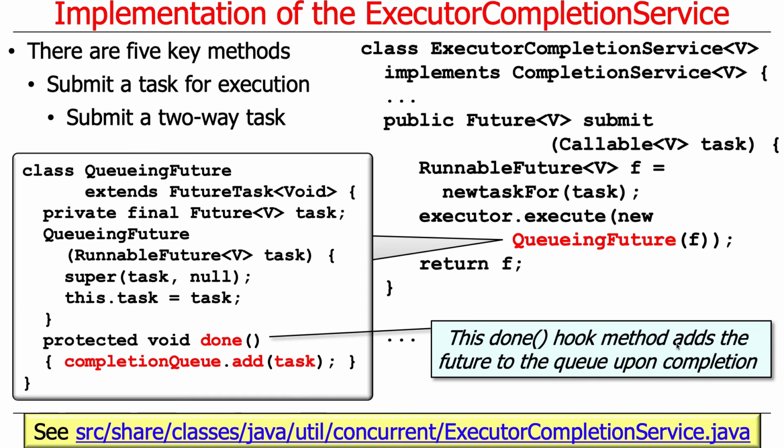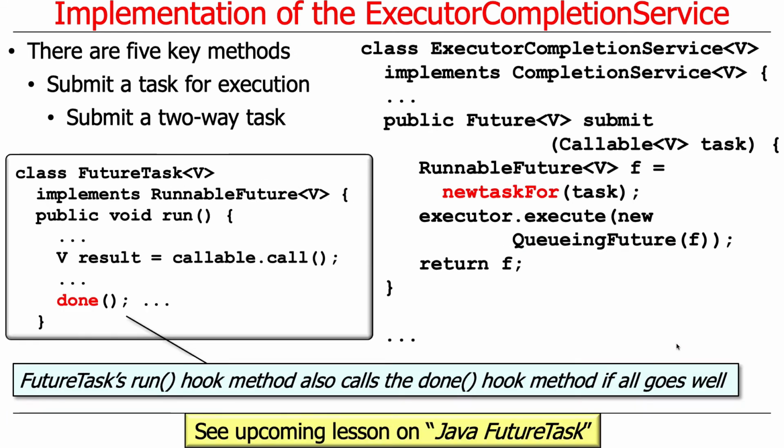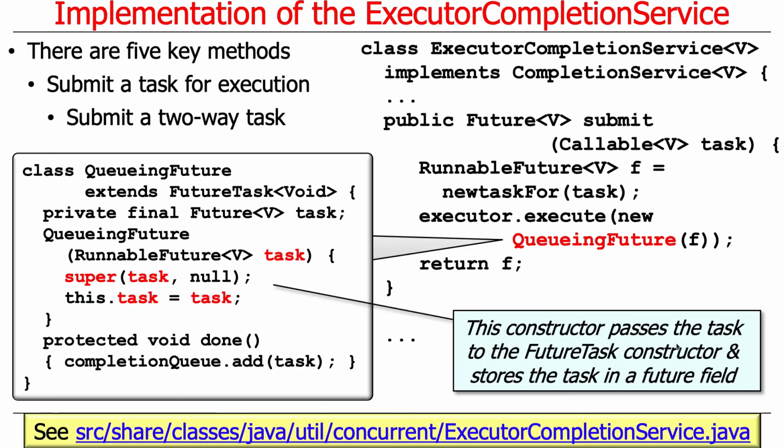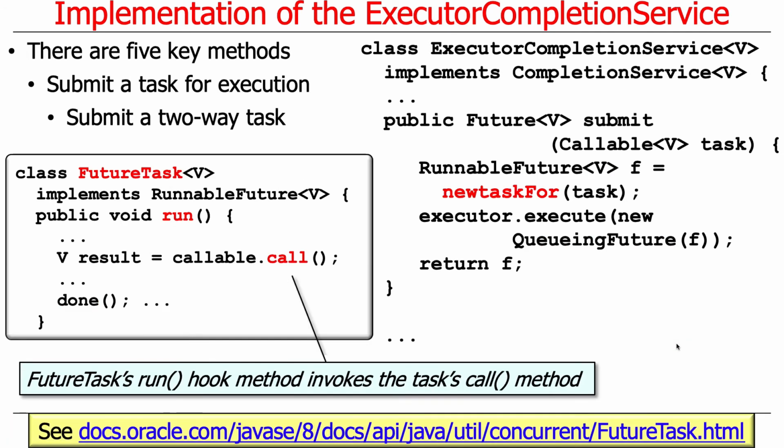And then, when everything is done, remember the method here calls the done hook method. Well, the done hook method here is this method, and it will then add the task after it's finished completing successfully to the completion queue. So it adds the completed future to the completion queue upon the successful completion of the call to call.